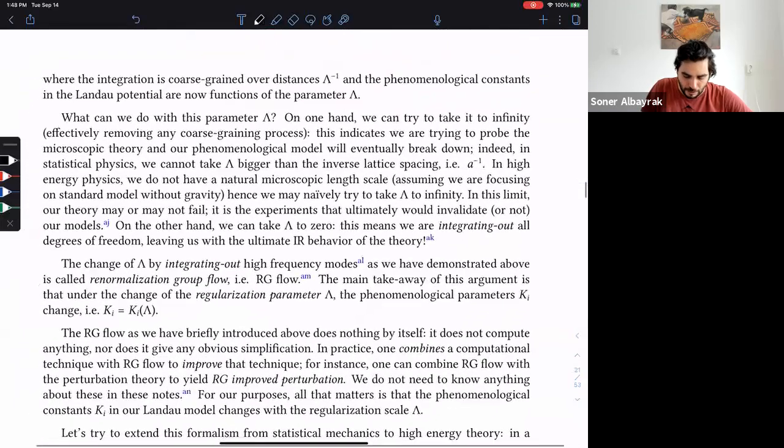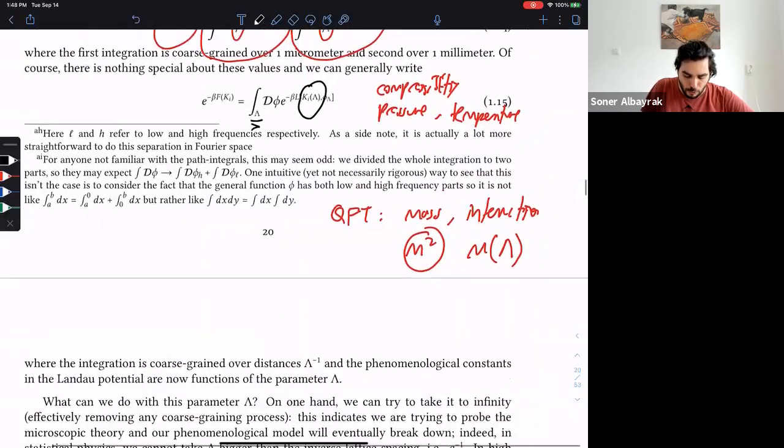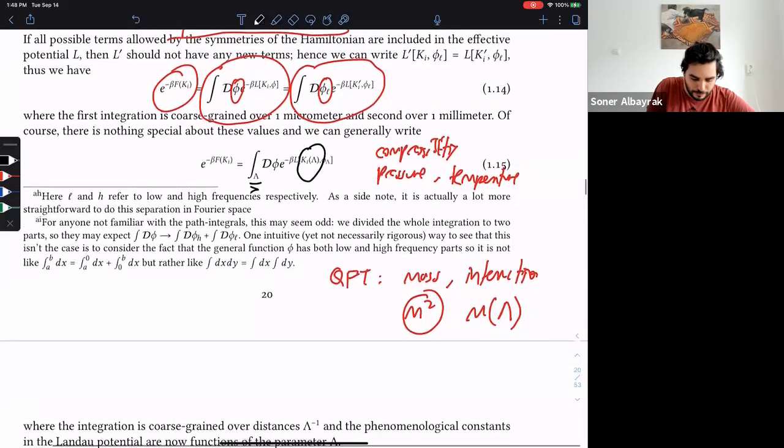Now, what happens when we take lambda to infinity or lambda to 0? If we try to take lambda to 0, that means basically that I am not coarse-graining anything. I want to include all interactions at any frequencies, right? But to do that, you need to know the microscopic details.